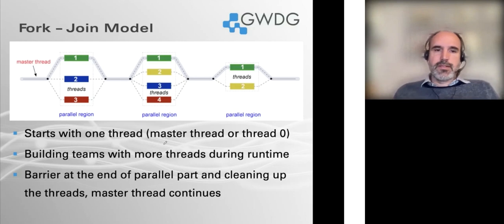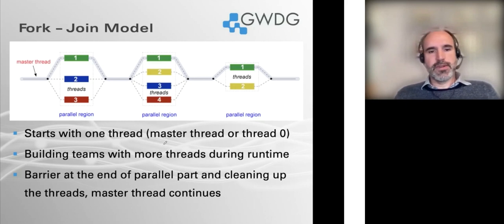The threads in such a parallel region are called a team. Even the master thread is part of the team, so you have to be a bit careful. And usually you have a barrier at the end of each parallel region. That means at this point, where it collapses to the master thread, you have some kind of cleanup of memory and so on.